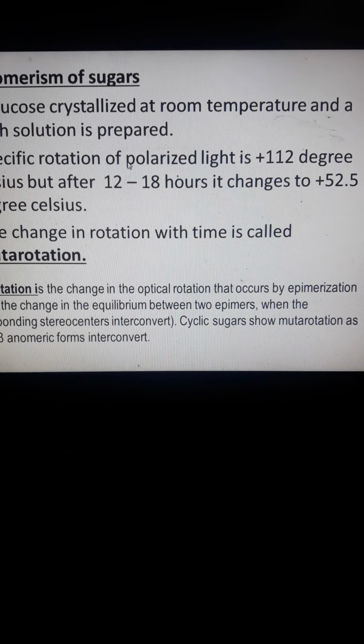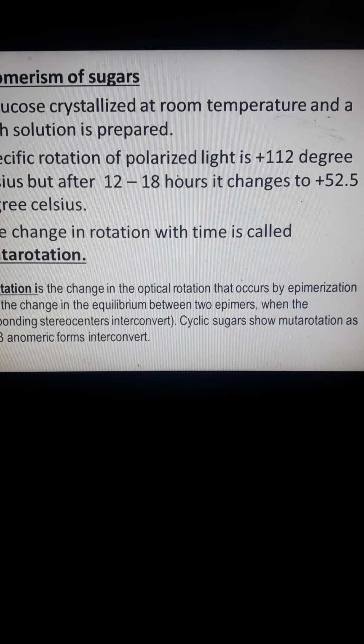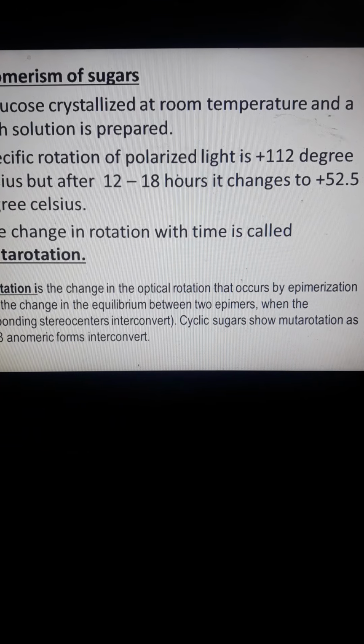So the specific rotation of polarized light is plus 112 degrees, but after 12 to 18 hours it changes to plus 52 degrees. Meaning, there is a change in the rotation of polarized light. The change in rotation with time is called mutarotation.